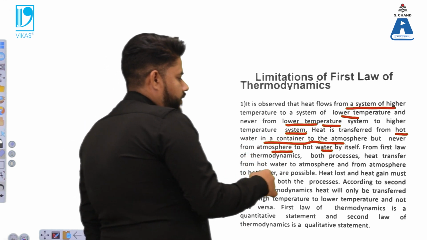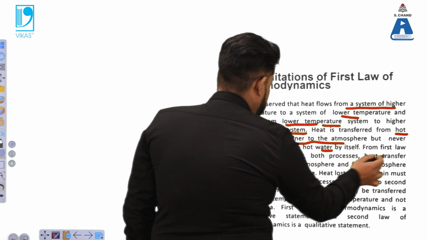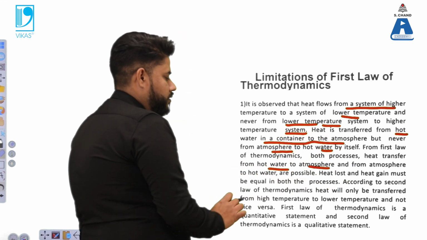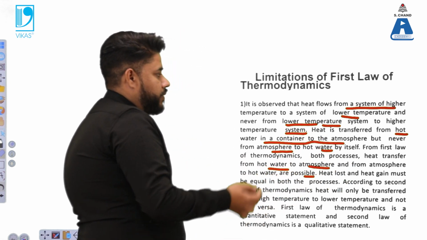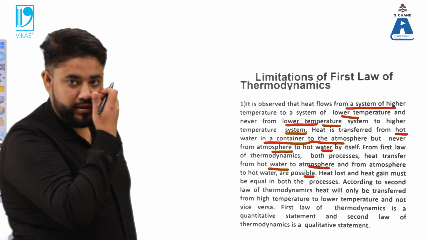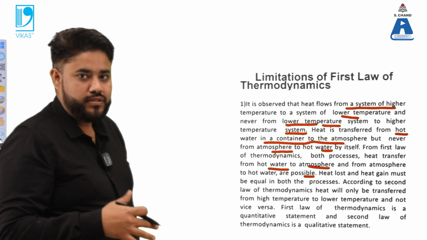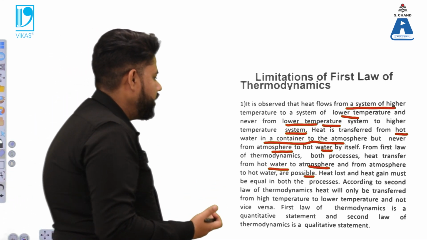From the first law of thermodynamics, both processes, heat transfer from the hot water to the atmosphere or from the atmosphere to the hot water, are possible. But in reality, energy cannot get transferred from the region of lower temperature to the higher temperature. So this is one of the limitations.